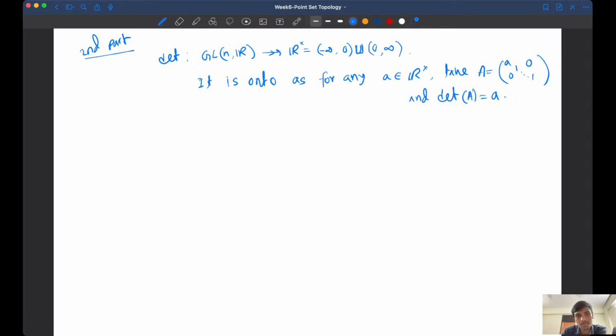So it is continuous as a polynomial function with n square variables.